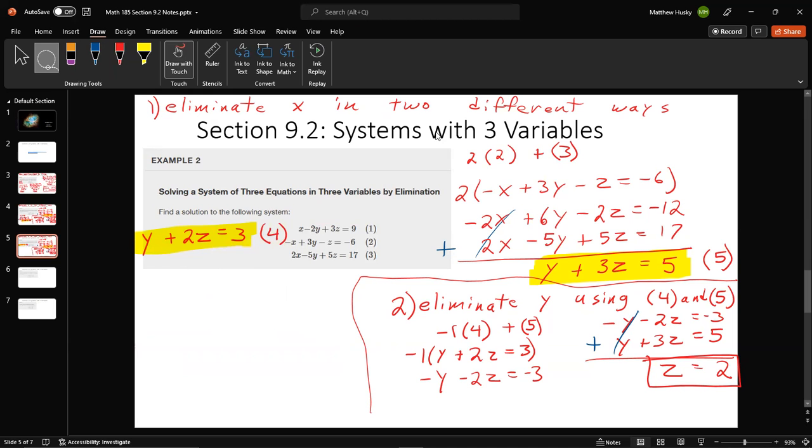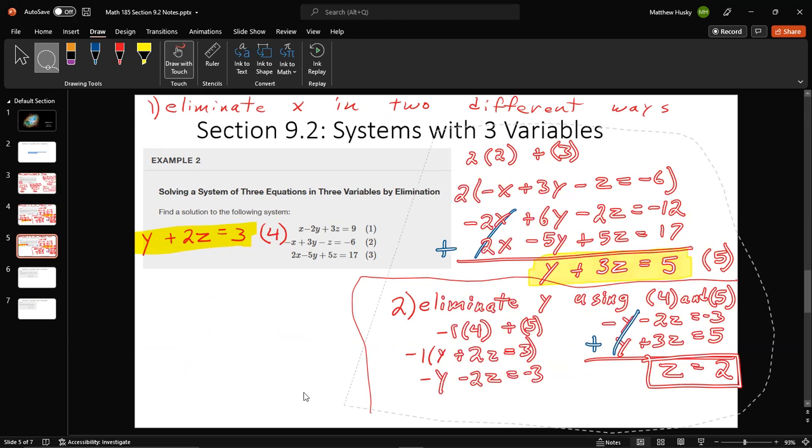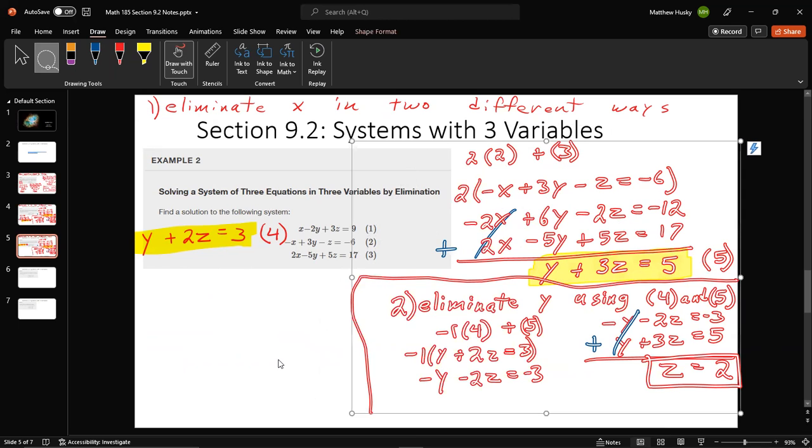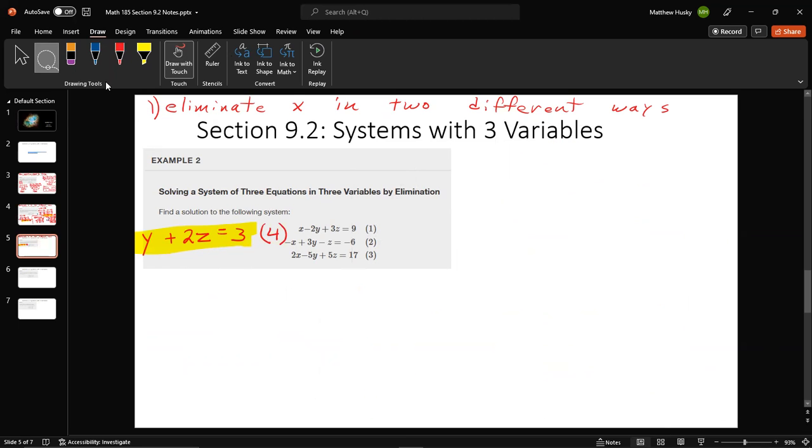Okay, and then let's erase a lot of this stuff. Okay, so we have that, and we found that z equals 2.